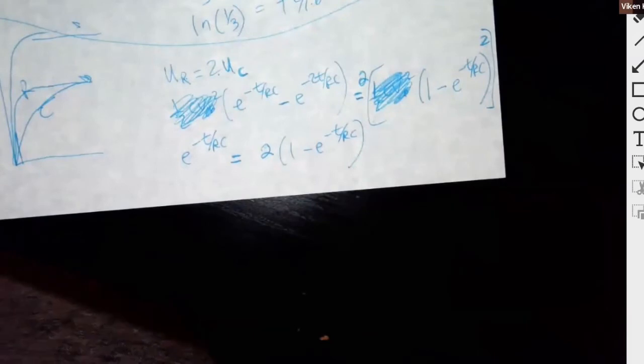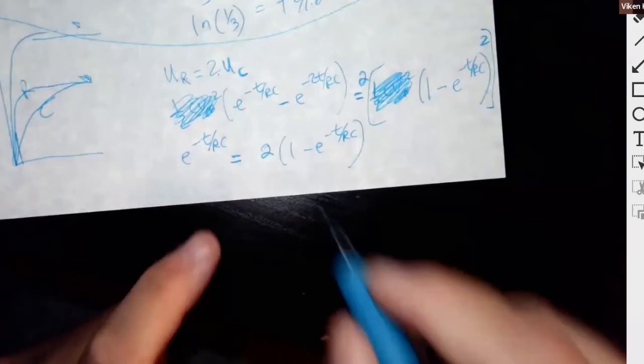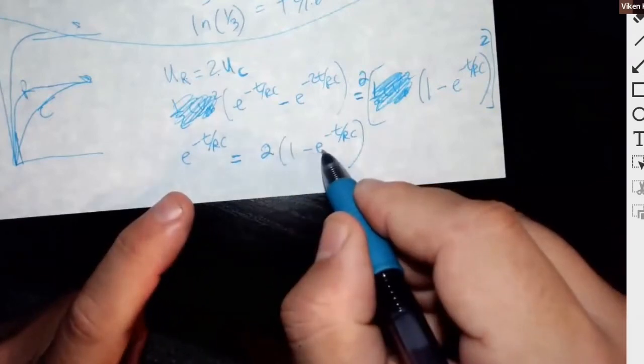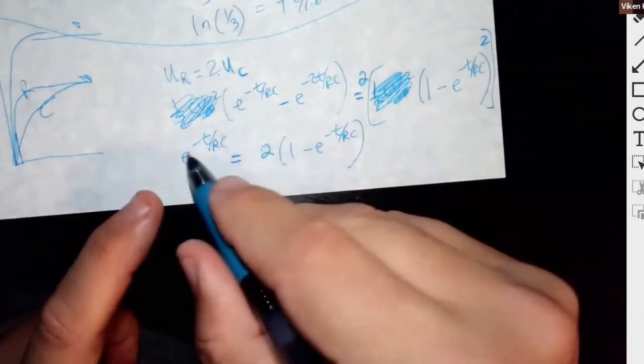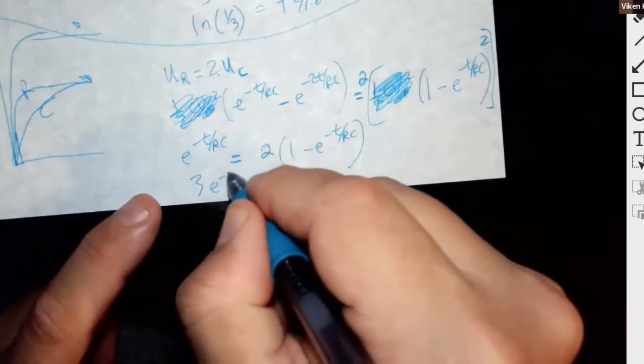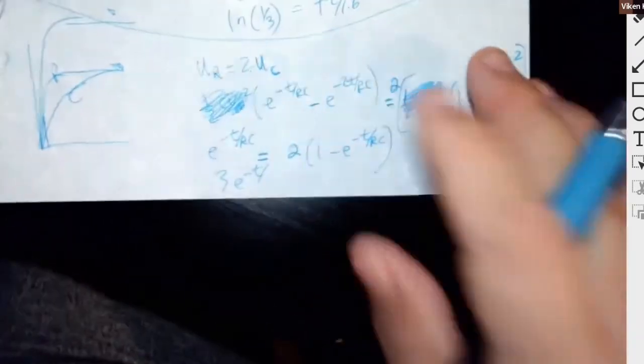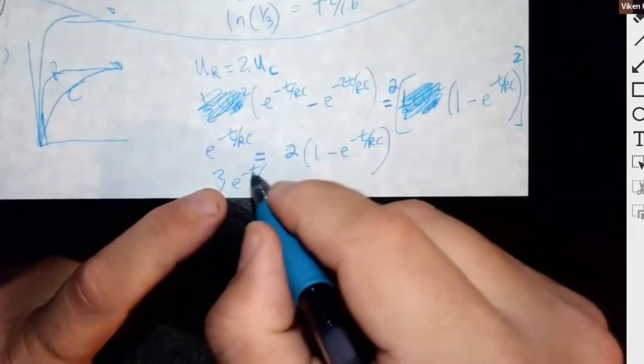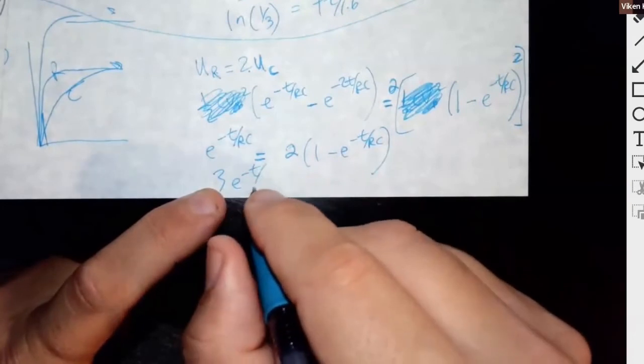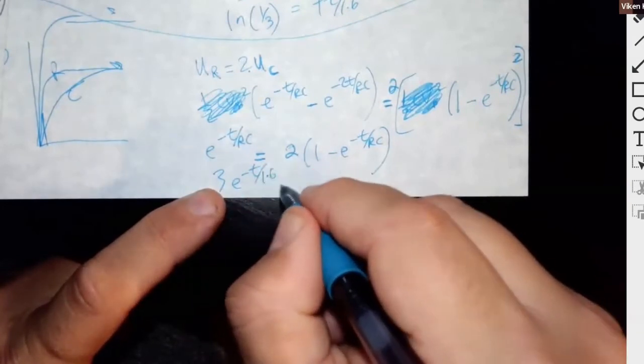Yep. So then this one distributes and goes over there. So you will have 3 e to the minus t over, and then what was my RC in this case? 1.6. So 3 e to the minus t over 1.6 is equal to 2.